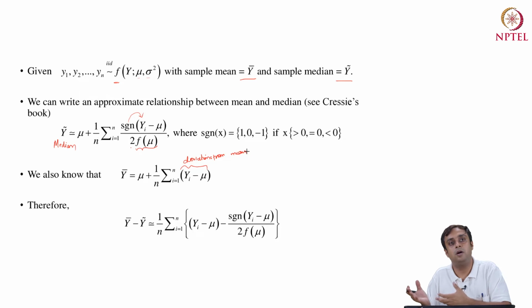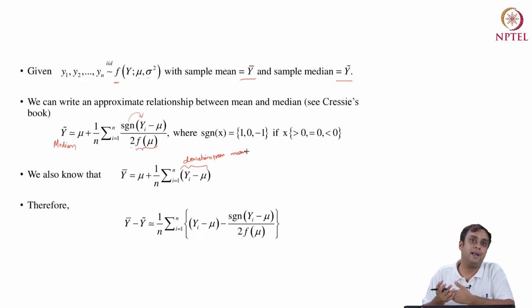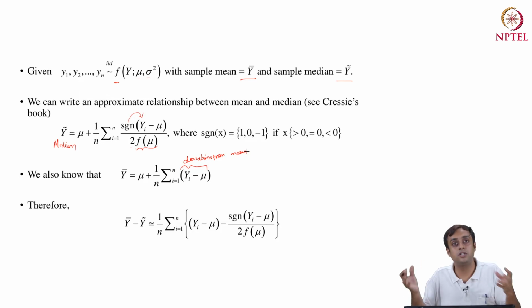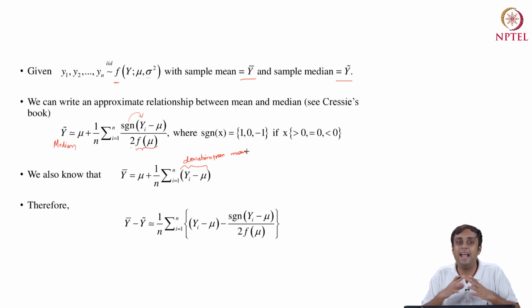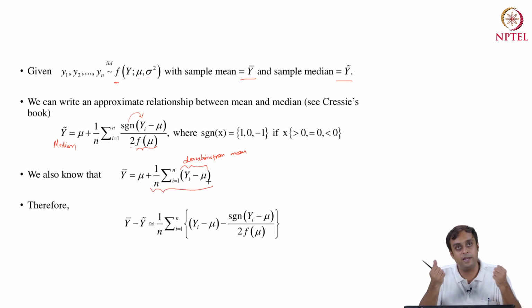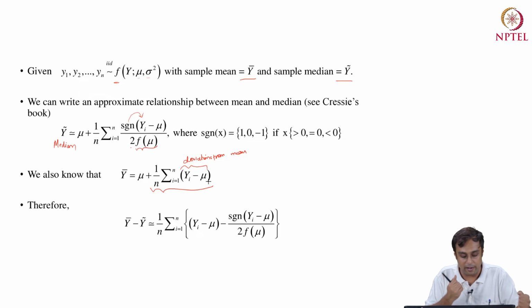In your basic statistics course, you must have learned that the summation of deviations from the mean in any given sample will turn out to be 0. It has to be equal to 0. Okay, so y bar is simply equal to mu. We are simply writing this term to be able to create a link between y bar and y tilde.